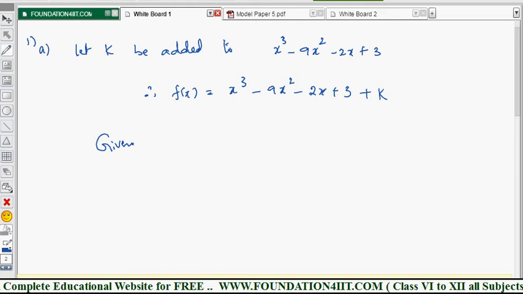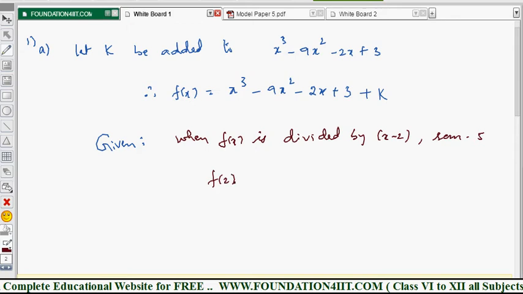According to the question, when f of x is divided by x minus 2, the remainder is 5.